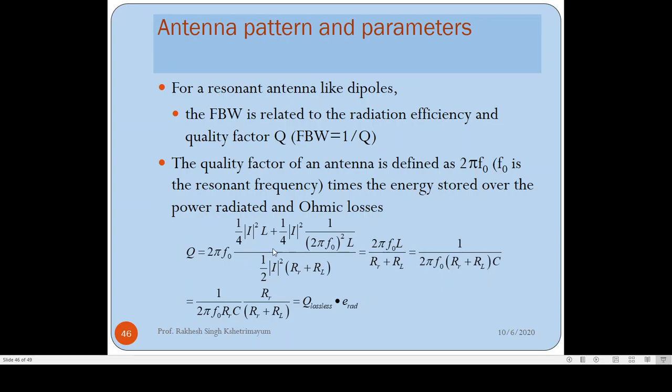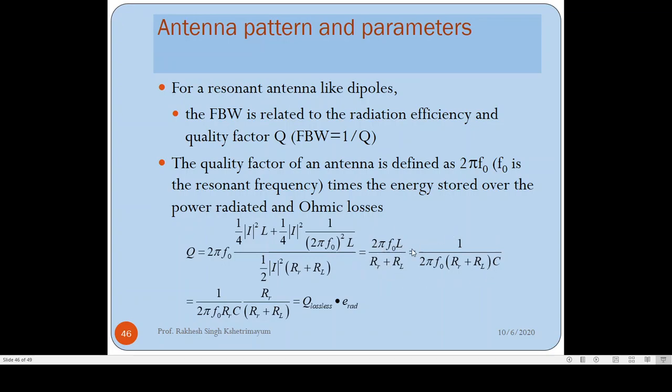Power loss can be either in terms of radiation loss or the ohmic losses. So here you have two kinds of resistor: one is due to the radiation and one is due to the losses. That power can be calculated as 1/2 I squared (RR plus RL), where RL is due to the losses and RR is due to the radiation. If you simplify it, what you get is 2 pi f0 L divided by (RR plus RL).